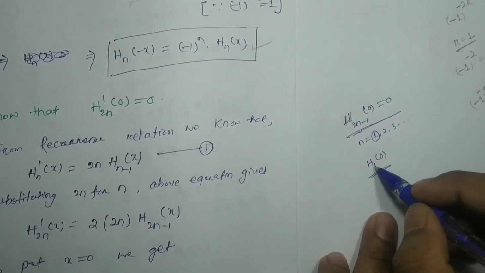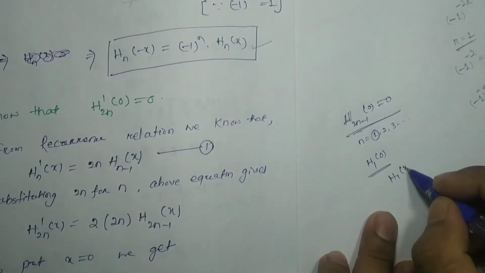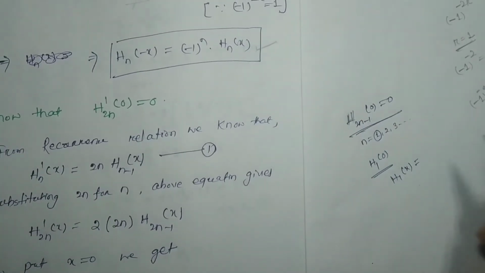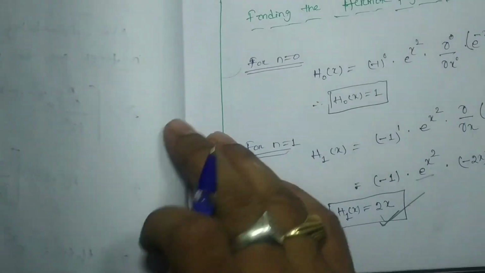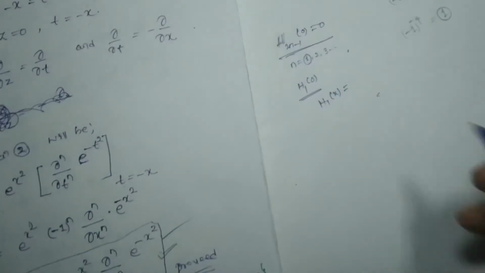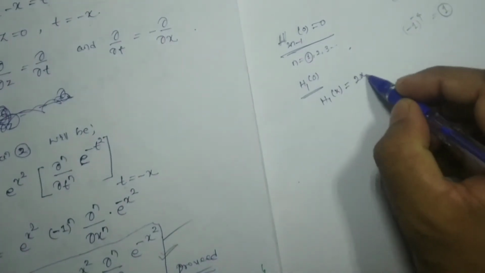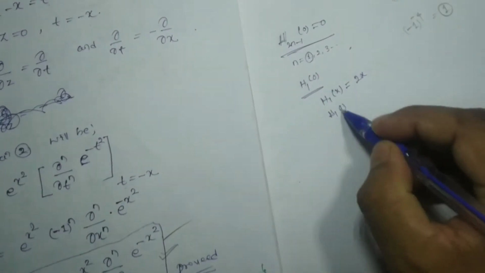We know that H1x is nothing but, you just check, H1x is how much? It is 2x. H1x we found that it is 2x. So if H1x is 2x, then H1 0 will be equal to 0.